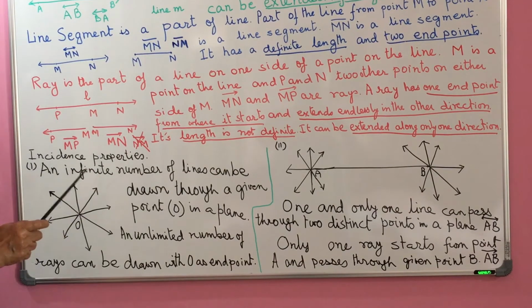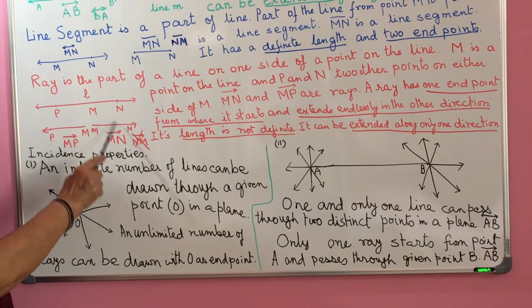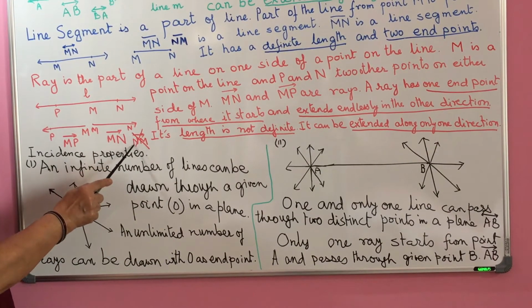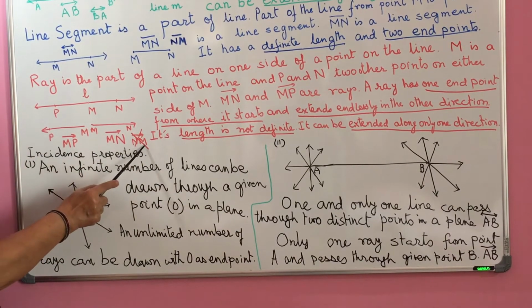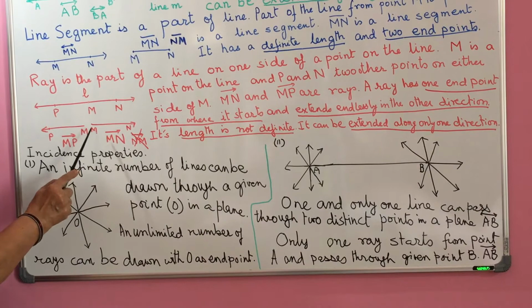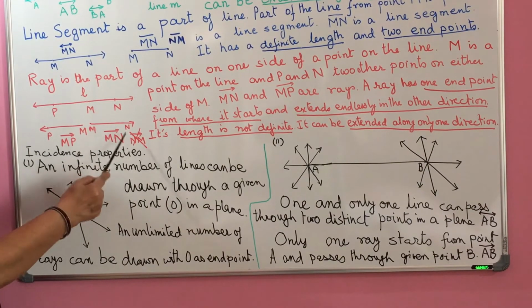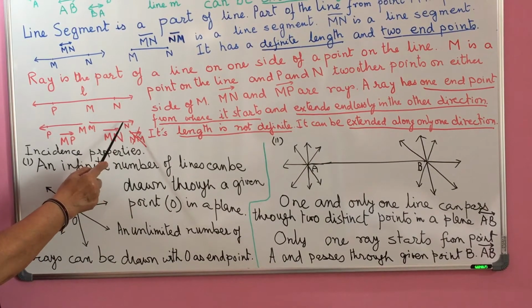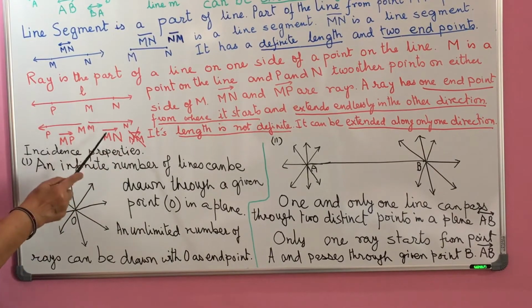Now here you have to pay attention. If I write ray NM, then it will be wrong, because towards N we can extend and M is an endpoint. So endpoint has to be written first and then will come the letter which is nearer to the arrowhead, showing the direction in which it can be extended.